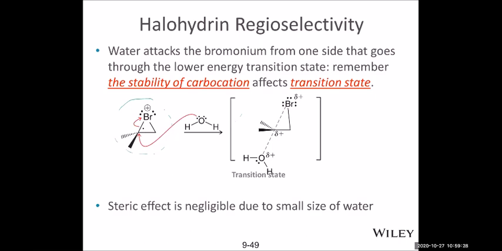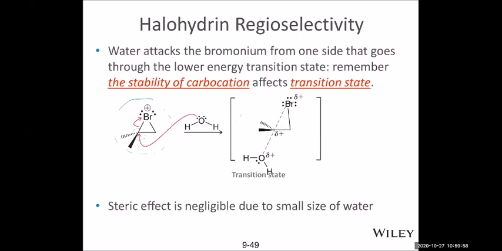So this carbon has slightly more carbocation character than this one. That's why this carbon is more attacked. The main nucleophile attack happens on this carbon, because it has more carbocation character. It's a better stabilized carbocation, similar to this.